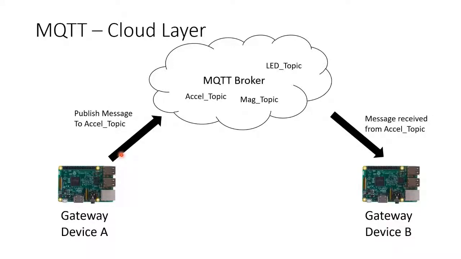As device B is subscribed to this topic, it will receive an update saying that the accelerometer topic has been updated, and it will receive the value of the new message received on the accelerometer topic. And this is how devices can communicate with each other through a cloud server.